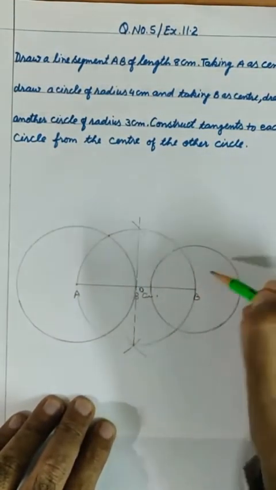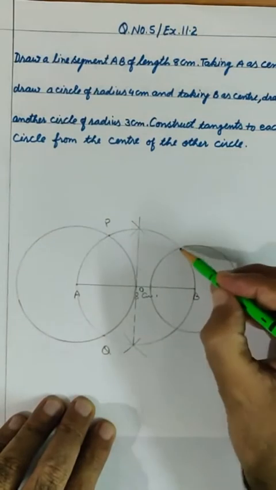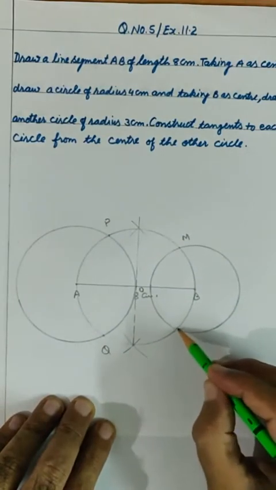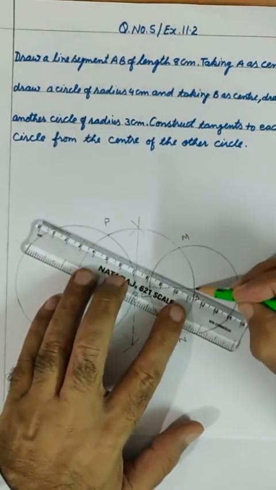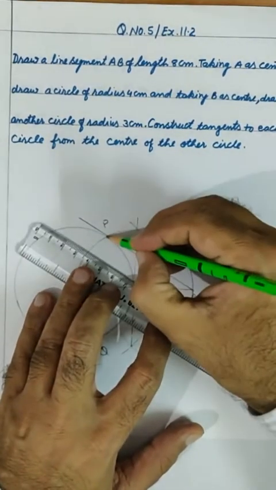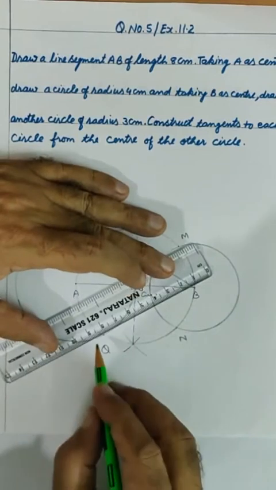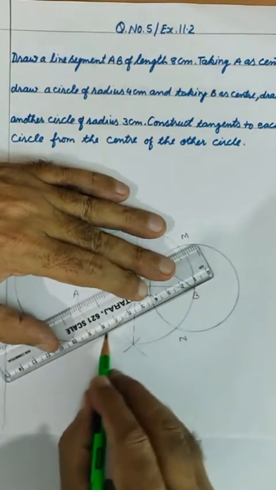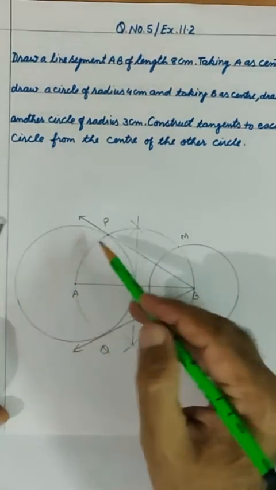This is P, you can take Q, or M, and this is also M, and this you can take N. So if you join B to P, this is the contact point you have to see, and this is B to Q. You have to check very properly that it is touching, not intersecting, not leaving. This is a tangent. BP and BQ are the tangents to the circle of radius 4 cm.